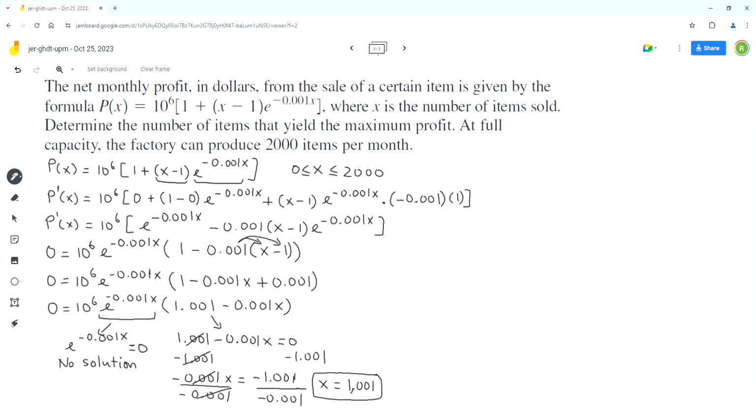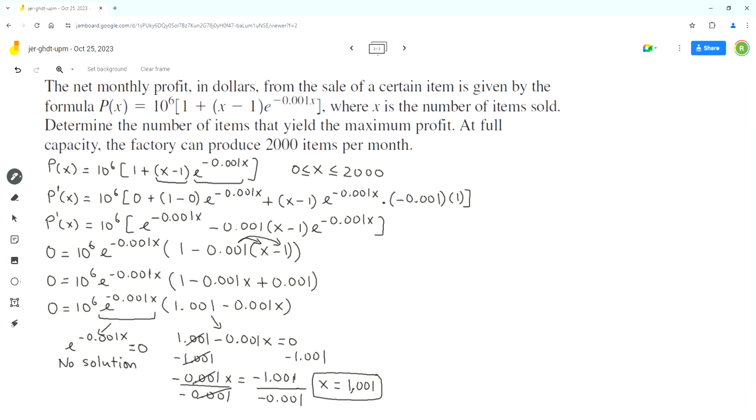Now we have to find the absolute maximum for the profit in the domain 0 to 2000. So we have to find the profit value for x equals 0, 1001 and 2000 and see at which of these 3 points the profit is maximum.